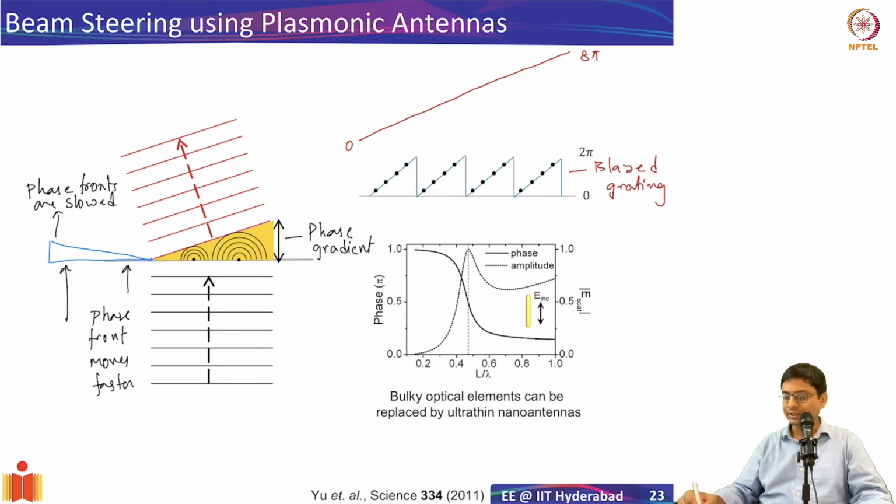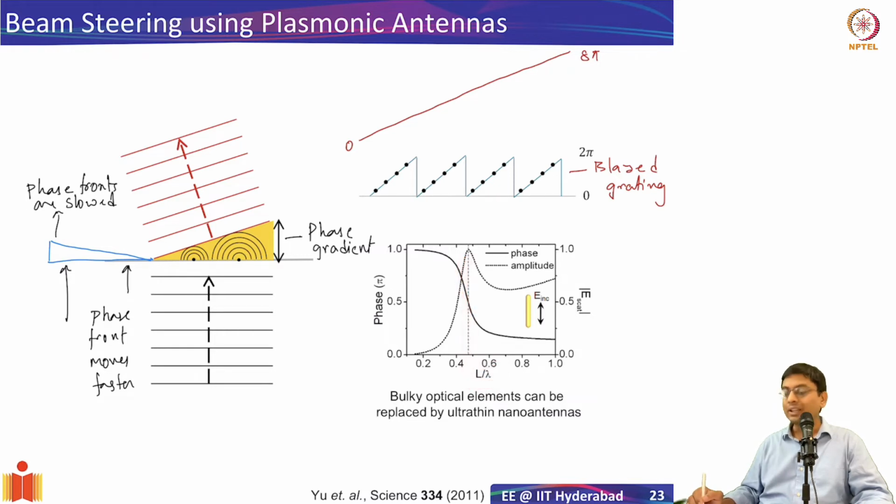Let's consider a situation where I have a simple rod. This is a PEC rod, and PEC means perfect electric conductor. If I have such a metallic rod of some dimension, and I fix my wavelength and scan the length of the rod, I'll see that this antenna exhibits a resonance, in this case around let's say 0.45 or 0.48 in L by lambda units.